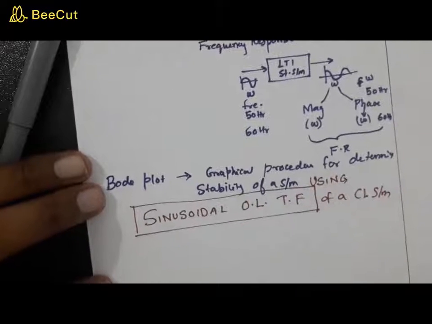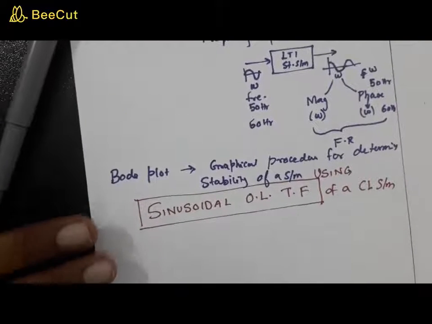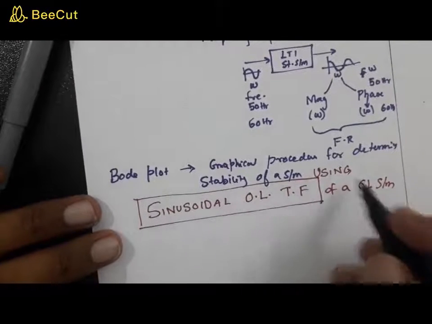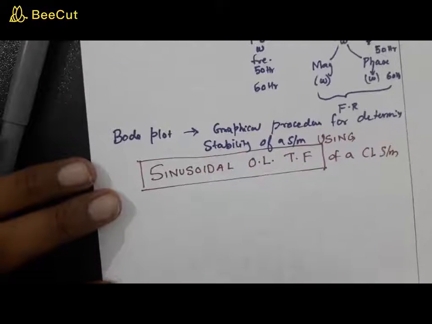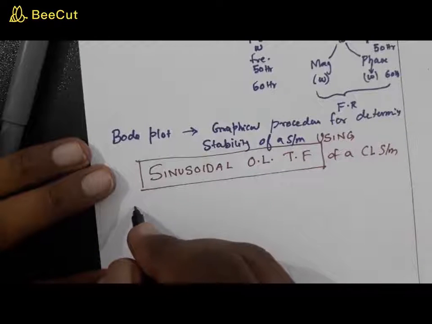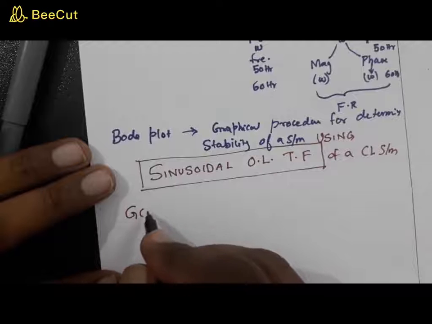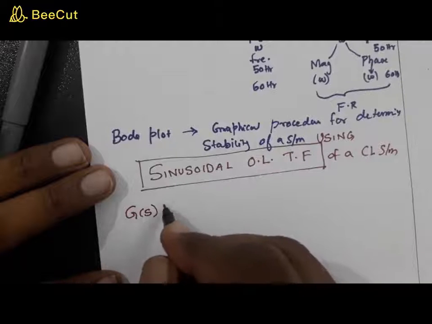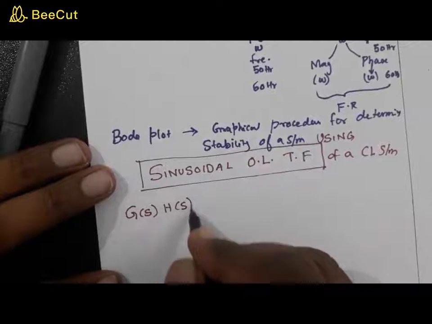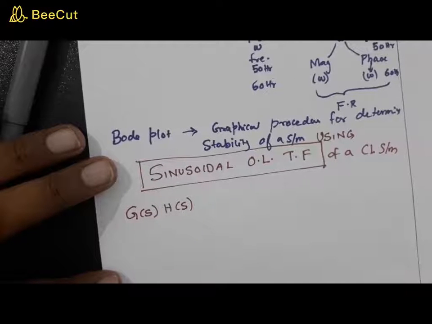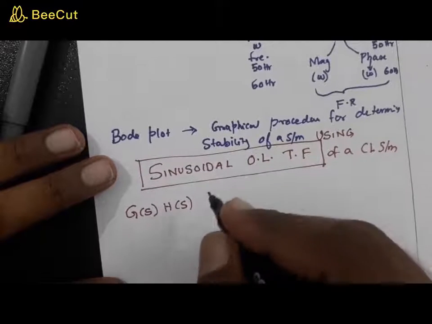Let me say something about the open loop transfer function of a closed loop system. We have already studied that. G of s into H of s is the open loop transfer function of a closed loop system, as you all know.